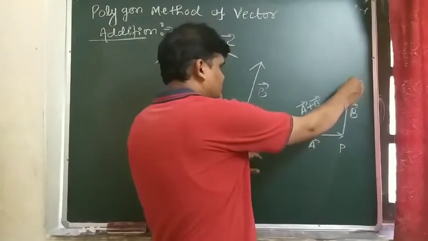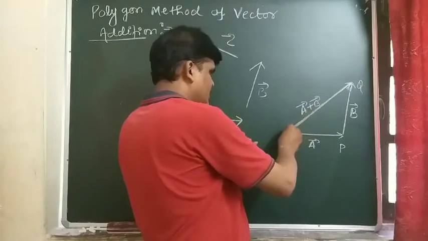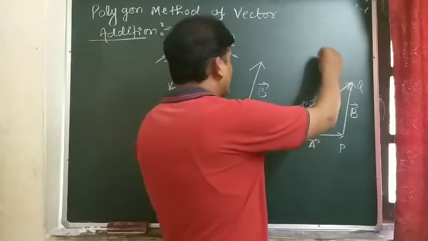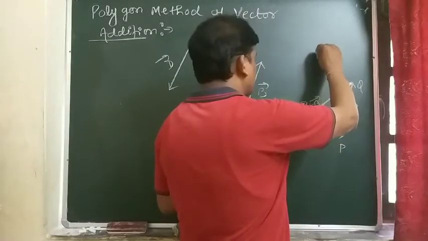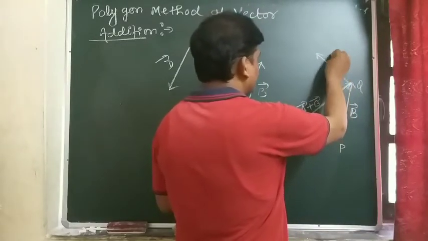So the first vector is the resultant vector, vector A plus vector B, and in this direction there will be vector C.